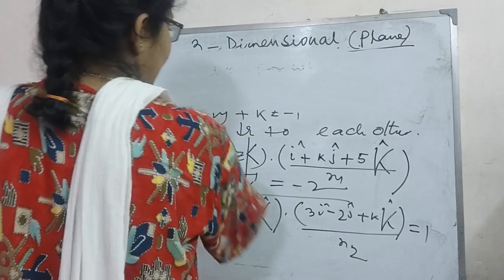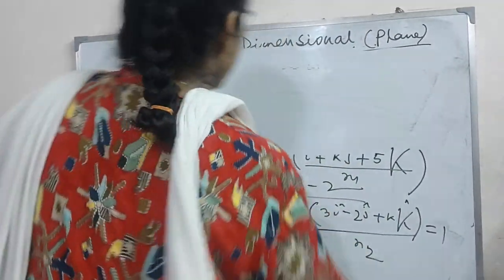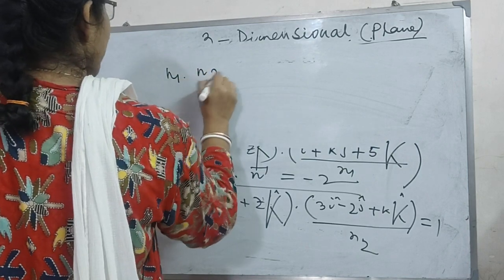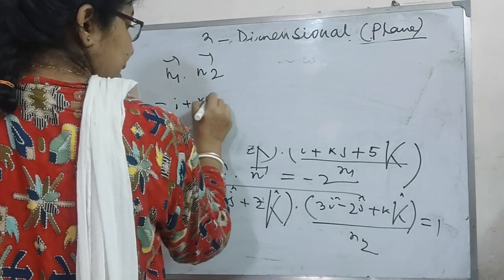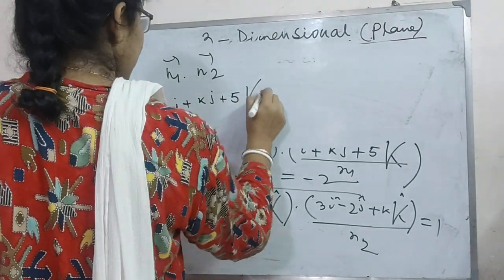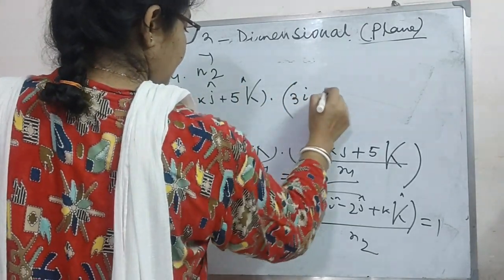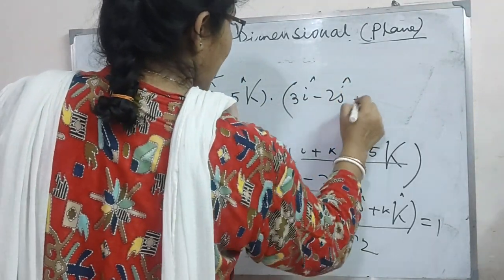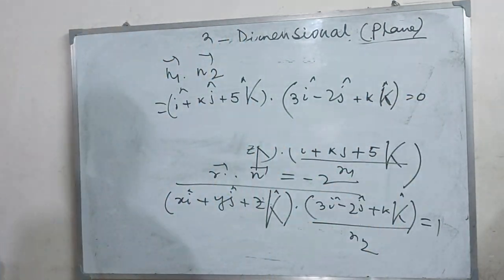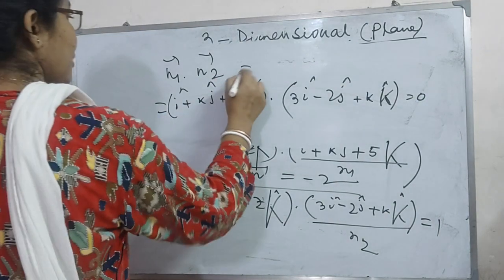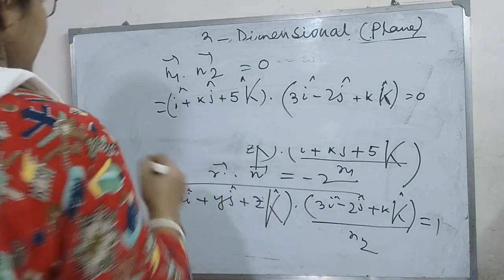So I will write n1 dot n2 equal to i + kj + 5K dot 3i - 2j + kK, equal to 0. From here I will get the value of k.